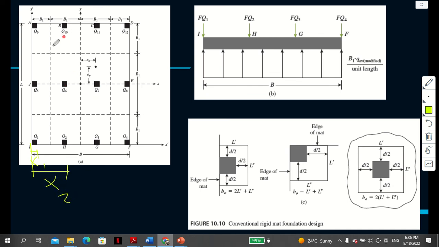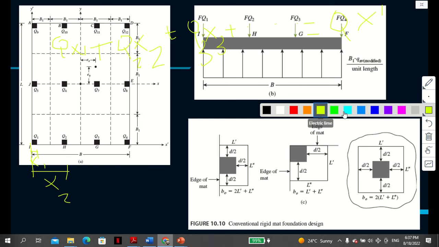So we say q1 times x1 plus q2 times x2 plus q3 times x3 plus all those things would be q, which is the sum of everything, times some distance which we are calling x bar. The same thing, x prime, sorry.